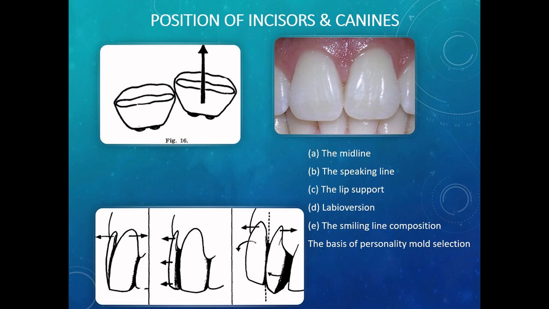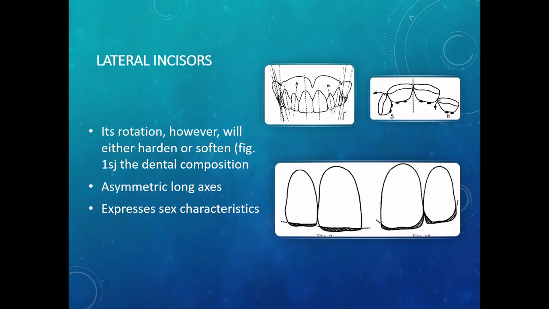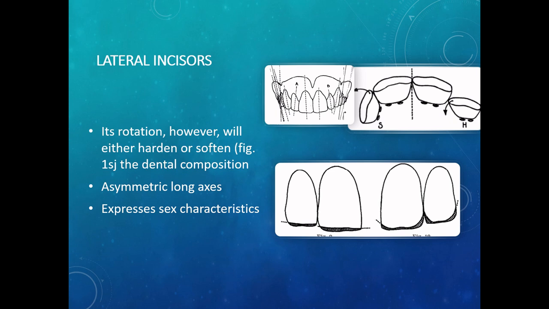Next, the position of the lateral incisor, which is subordinated in importance to that of the central incisor. However, its rotation will either harden or soften the dental composition. As you can see in this picture, the soft position of the lateral incisor is produced by rotating its mesial surface outward, whereas the rotation of the mesial surface inward produces the hard position of the lateral incisor.